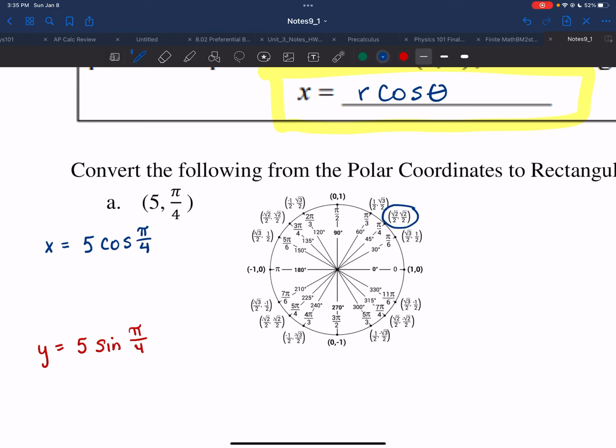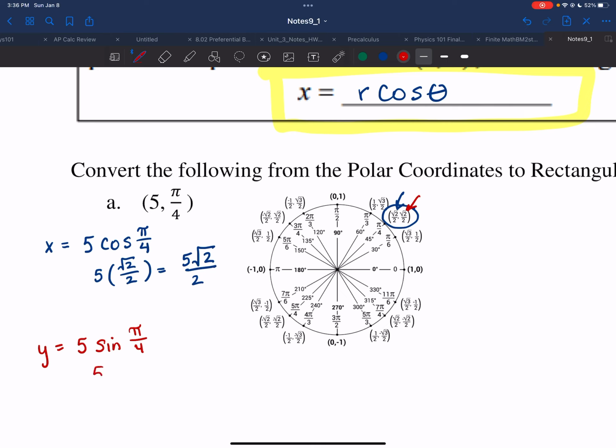The x value of pi over 4 is square root of 2 over 2. So I have 5 times the square root of 2 over 2, and that's going to equal 5 root 2 over 2. And then I look at the y value. Sine of pi over 4 for my y value is square root of 2 over 2.